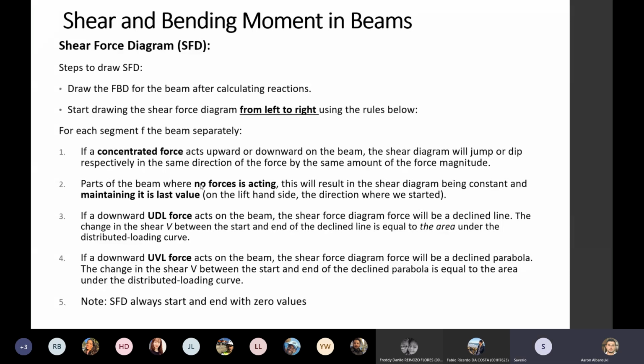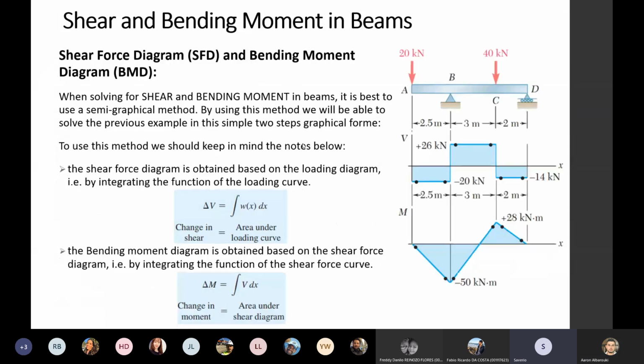Just a recap of point 2. That means that starting from A going to B, in any cut we do, we'll have 20. Everywhere we cut, it's going to be the same value. Exactly.